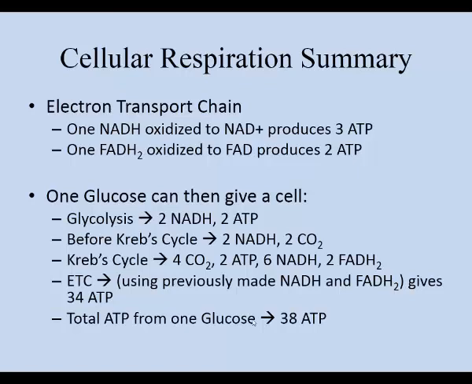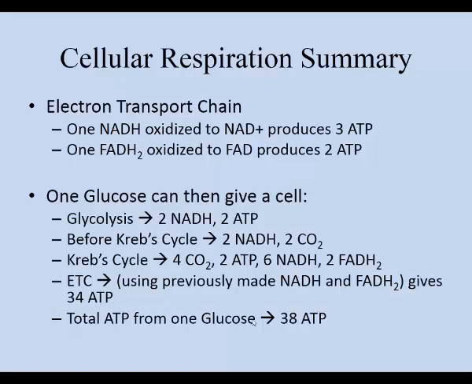And then in total, we see that one glucose molecule, through all the steps, would do this. Glycolysis producing NADH, there's 2 of them, and 2 ATP. The step before the Krebs cycle, where we're producing acetyl-CoA, is going to produce 2 NADHs and 2 CO2s. This is where carbon dioxide is given off, like when we breathe out.